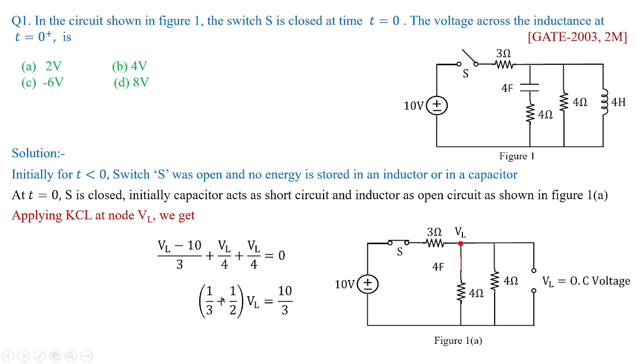Taking VL outside, we have 1 by 3 plus 1 by 2, and 10 by 3 I am taking on the opposite side. Now take a proper LCM. With this, you will get the value of VL equal to 4 volts. From the given options, B is the right answer.